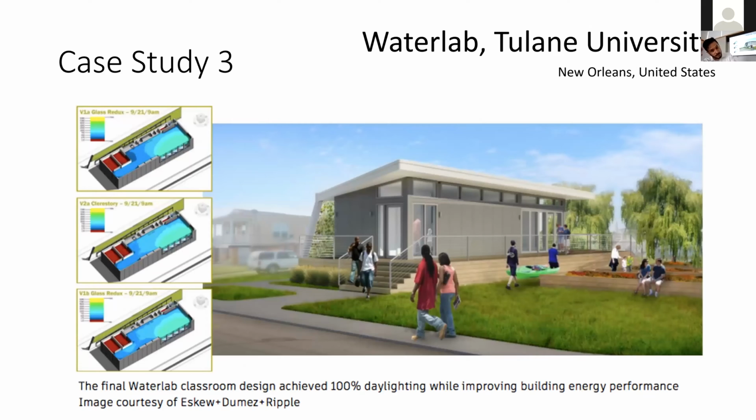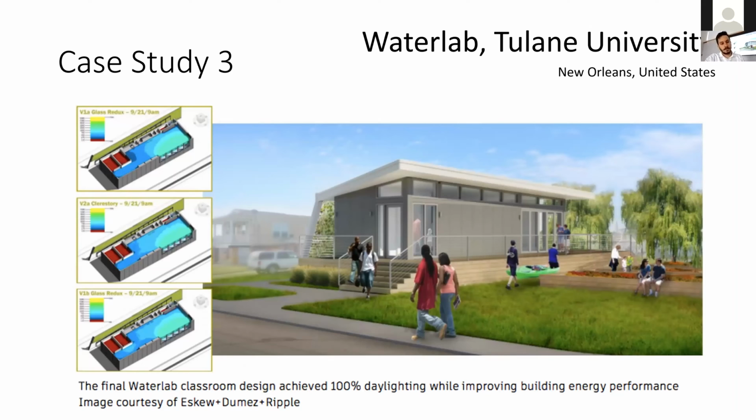And the third and last case study I have here was a water lab, and this case study remarkably achieved 100% daylighting throughout the working hours of that lab, so you didn't have to use any electrical energy at that time, while of course improving the energy performance of the building.